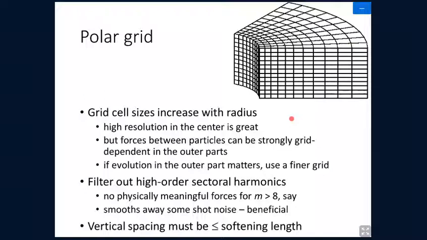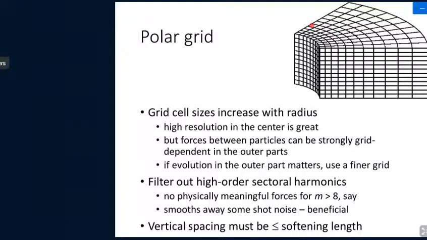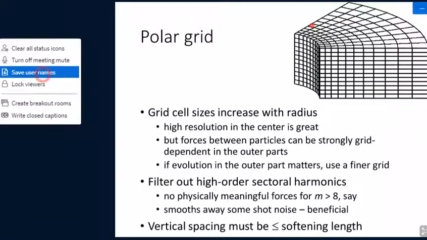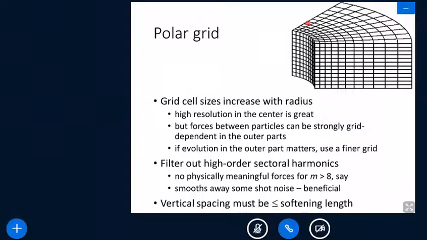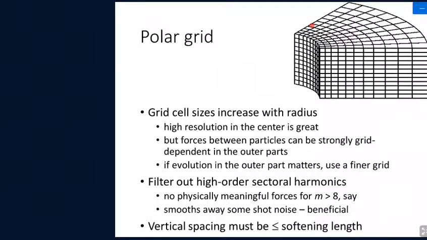A nice thing about polar grids is that you have this azimuthal periodicity, which means that you can apply a filter to the gravitational field, which removes the high azimuthal or sectoral harmonics, so that you're dealing with the low order mass distribution where spirals and bars have some significance, and the density variations in azimuth are important.